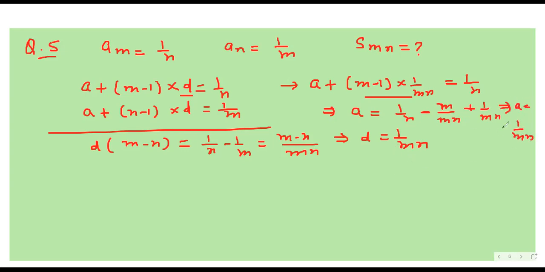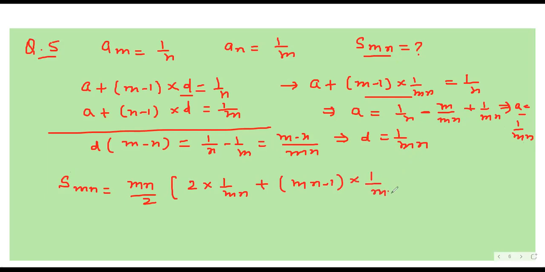So we have got the value of a as 1 upon mn and d also as 1 upon mn. Now we need the sum of mn terms. So Smn will be mn divided by 2 into 2a plus mn minus 1 into d, a is 1 upon mn and d is also 1 upon mn.